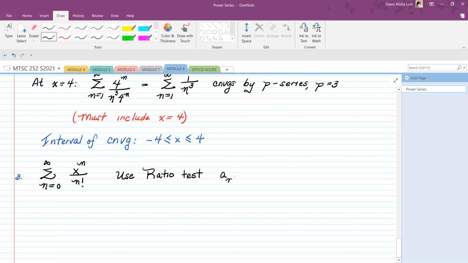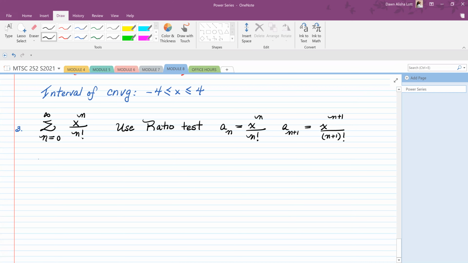Here, an is x to the n over n factorial, and an plus 1 is x to the n plus 1 over n plus 1 factorial.